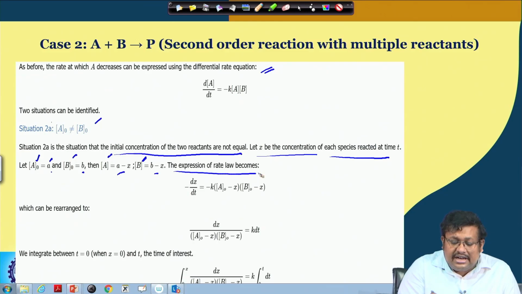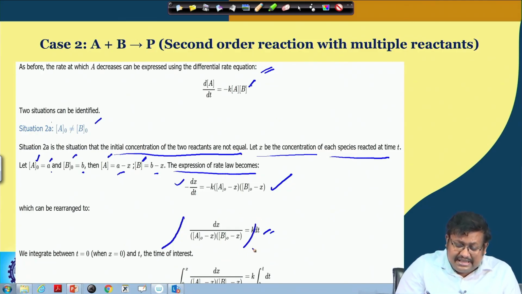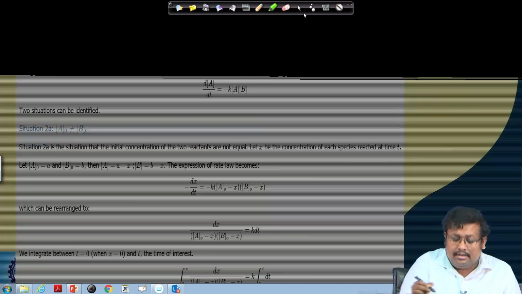So, the rate law expression is simplified to this, where the concentration of A is a minus x and b minus x represents the concentration of B at that time, which can be rearranged into this form. Now, we integrate both sides of this equation, from t0 to t and from 0 to x. So, we will get the following.